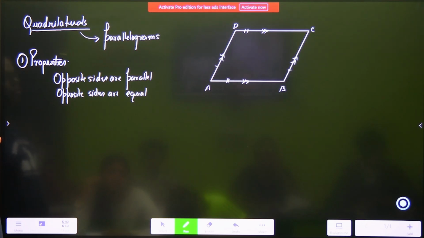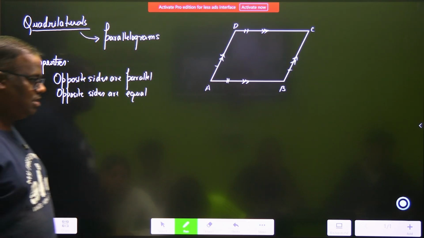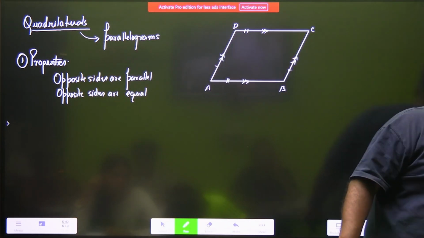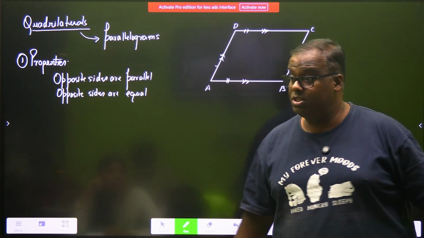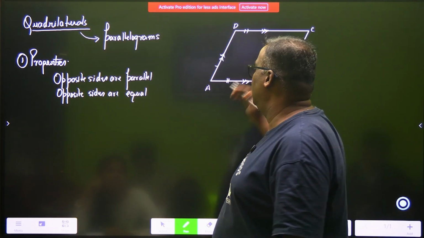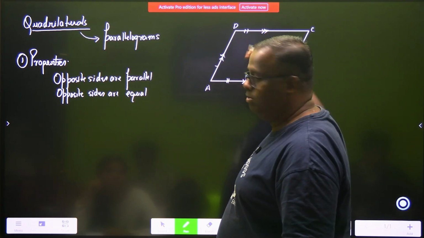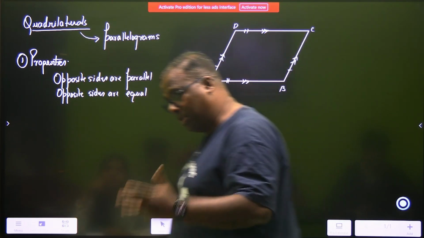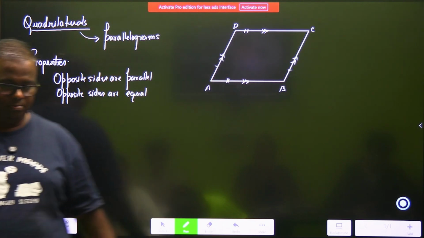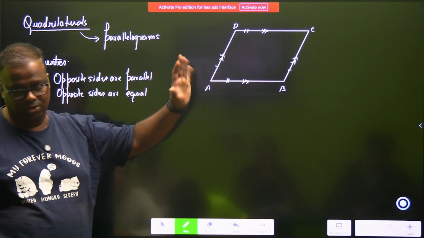So opposite sides are parallel, opposite sides are equal. This is my grade 8 understanding: in a quadrilateral, if you can prove that the opposite sides are parallel, now try to understand, opposite sides are parallel means one pair, one more pair, then also it's a parallelogram. If you can prove that opposite sides are equal, then also it's a parallelogram.